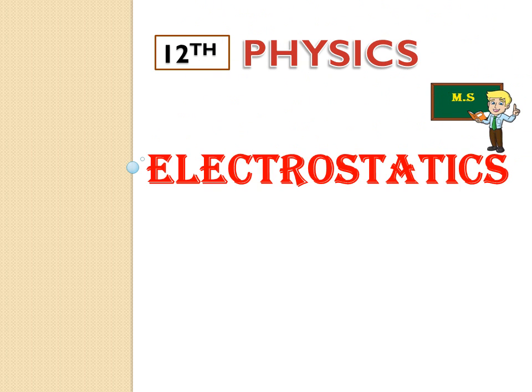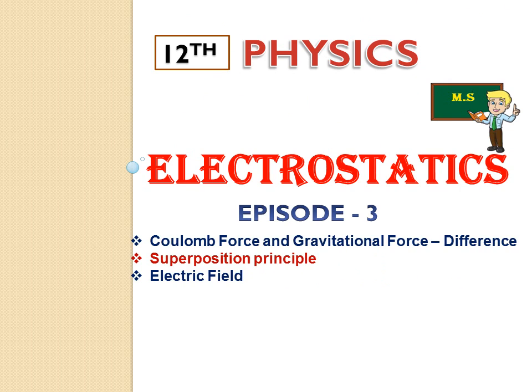Today in electrostatics we are going to see episode number 3, and in this episode we are going to see 3 very important topics. First one is Coulomb force and gravitational force, the comparison and the difference between these two forces. Next one, the superposition principle.